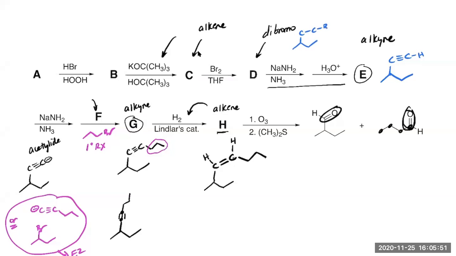And we have a bromine here and a bromine here. There's my dibromo. And that, going backwards, came from an alkene. So the alkene must look like this. Must be a C double bond C, just like that.